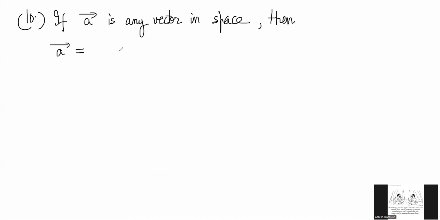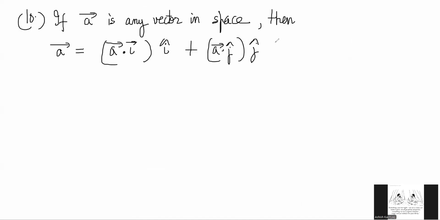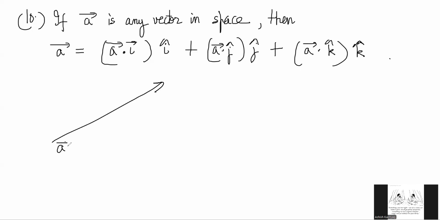A can be written as A dot product with i in the direction of i, plus A dot product with j in the direction of j, plus A dot product with k cap in the direction of k cap. So basically what I mean to say is A could have any three components, right? A could be like A1 i cap plus A2 j cap plus A3 k cap.